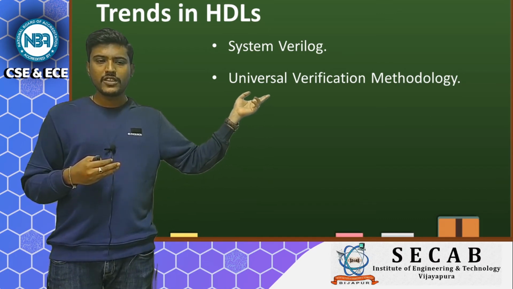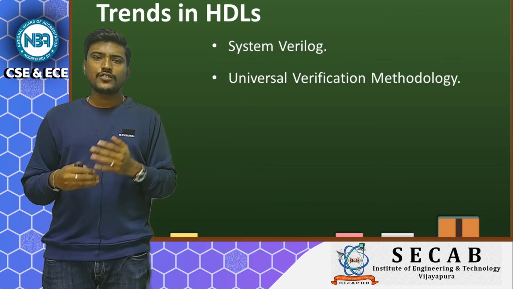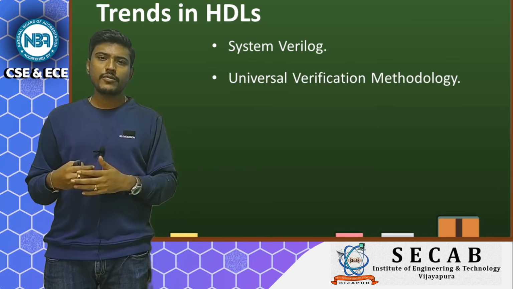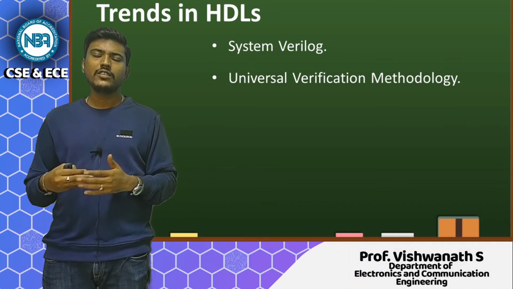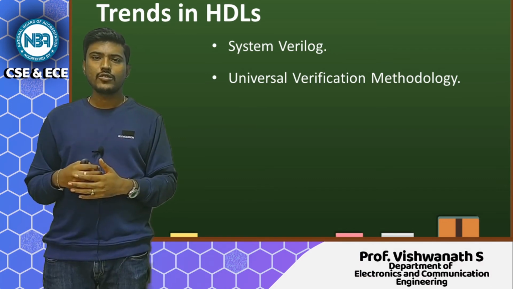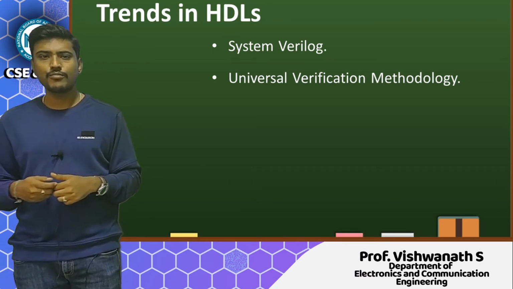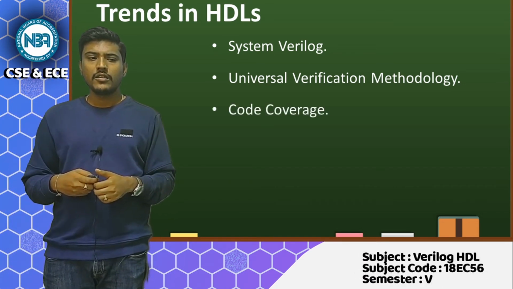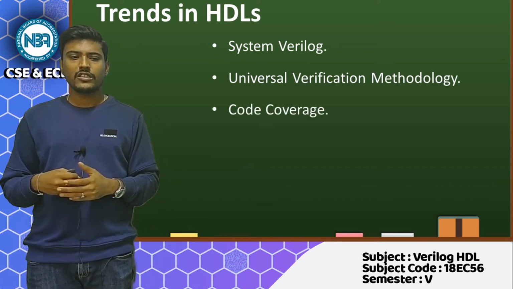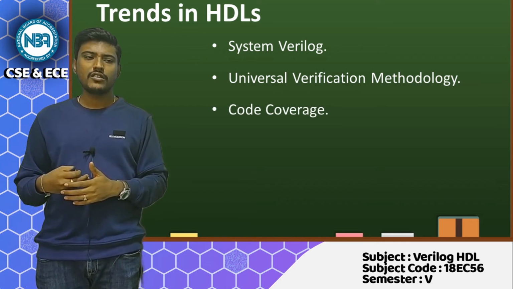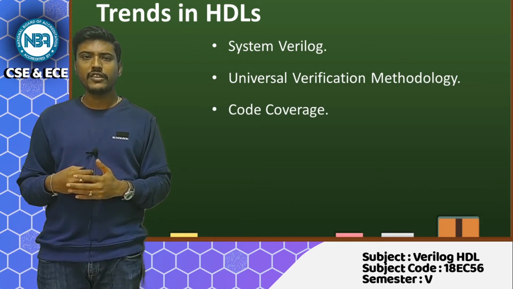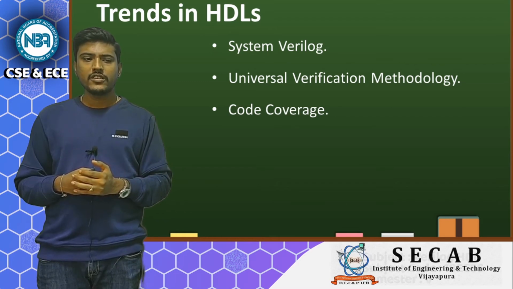From this methodology we can achieve the verification part very easily and much earlier. That is why the Universal Verification Methodology is very important. And why is it important? What can we get from it?